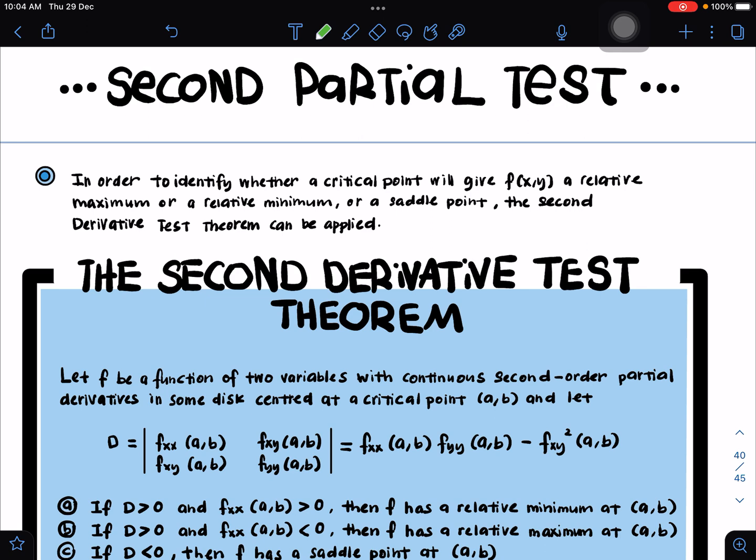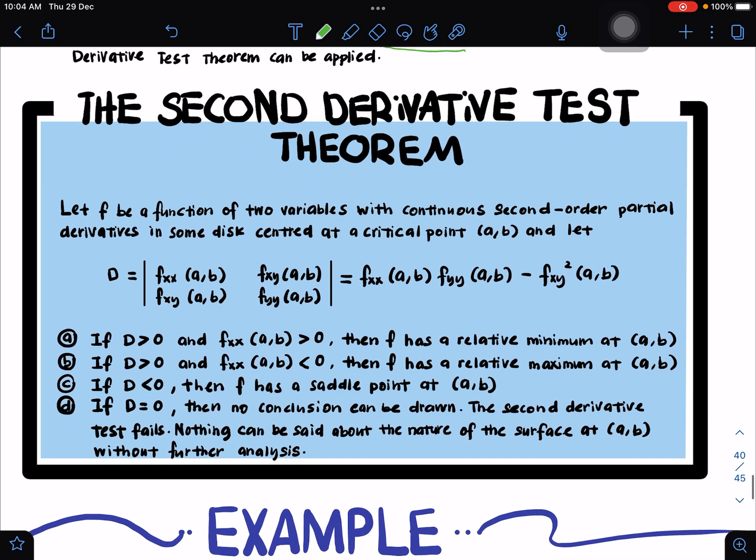Saddle point means that you cannot decide whether it's a minimum or maximum. Okay, the second derivative test theorem can be applied. So what is the second derivative test theorem? Let f be a function of two variables with continuous second order partial derivatives in some disc centered at a critical point AB.